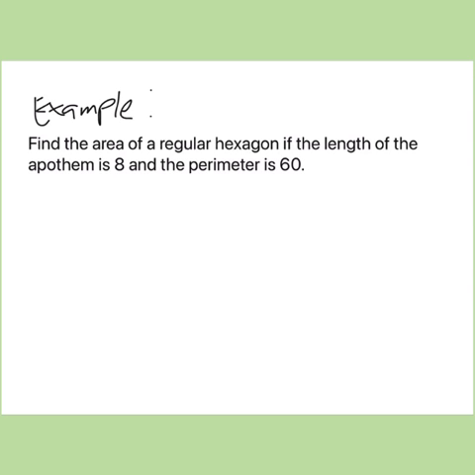Let's try an illustrative example. Find the area of a regular hexagon if the length of the apothem is 8 and the perimeter is 60. So solution, area equals PR over 2.